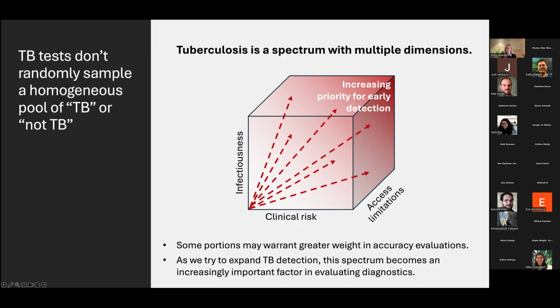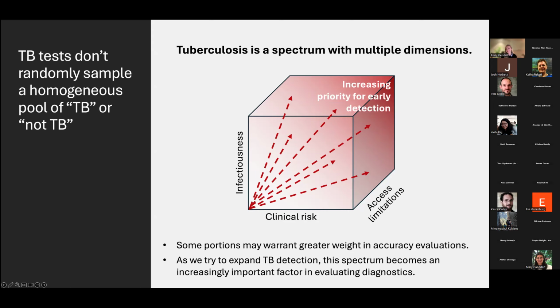And just thinking about sensitivity and specificity as a simple proportion doesn't necessarily consider how we might care about different portions of this spectrum more, or give them more weight in the goals of diagnostics.